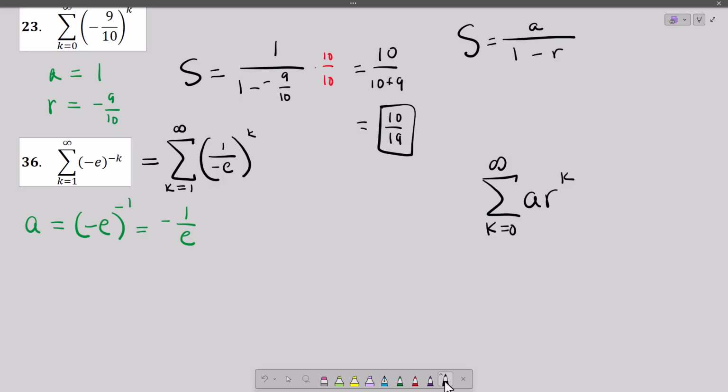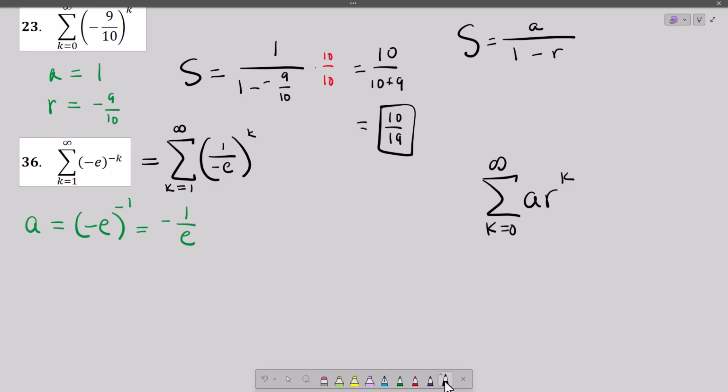So a negative exponent has the effect of flipping the fraction. Recall that if you have a to the negative 1, it's 1 over a. So if you have something like a to the minus k, you could write that as a to the negative 1 to the k, which is 1 over a quantity to the k.